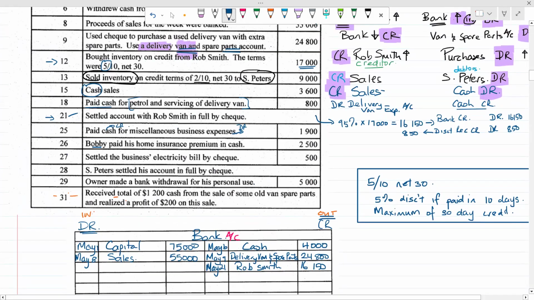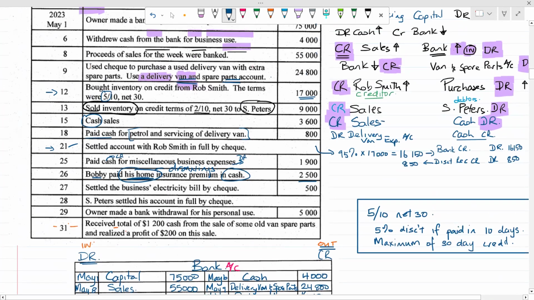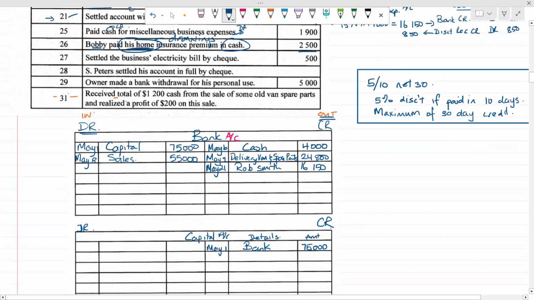Bobby, who is the owner, paid his home insurance. Is this part of the business? No. So this is an example of what we refer to as drawings. So you're taking this out of cash and you're going to have to open a drawings account. And this is happening on the 26th. So May 26th, he's drawing money out of the business to pay his personal expenses, 2,500.